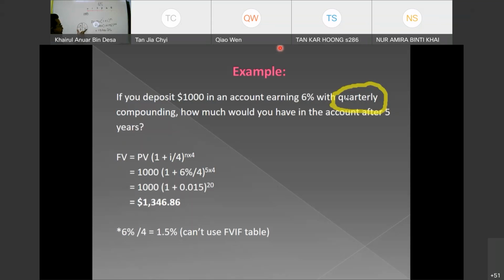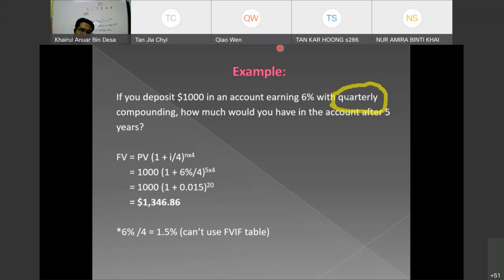This is what we call quarterly. Every quarter. If semi-annual, it is half. The first half is 1, the second half is 2. For quarter it is 4. 1, 2, 3, 4. Okay, Mira. That is where the 4 comes from.